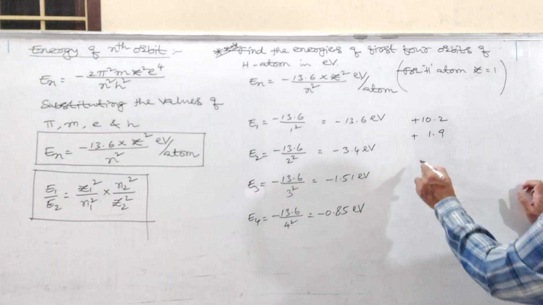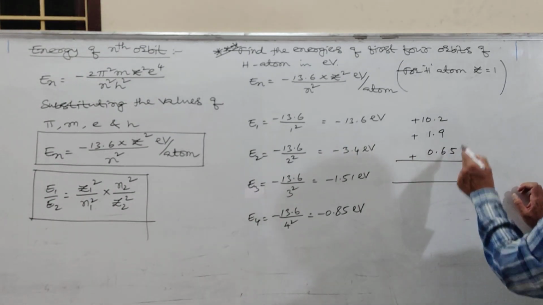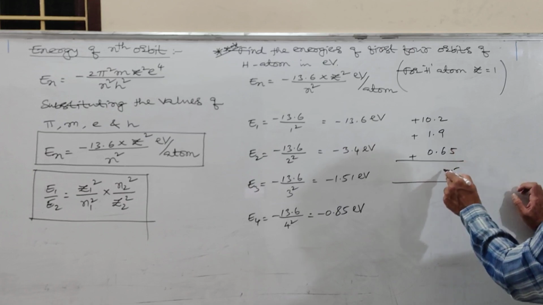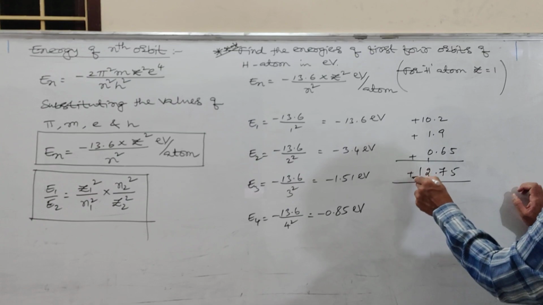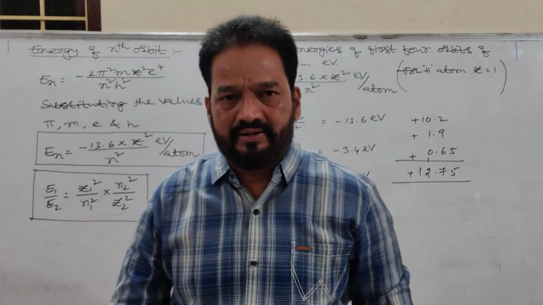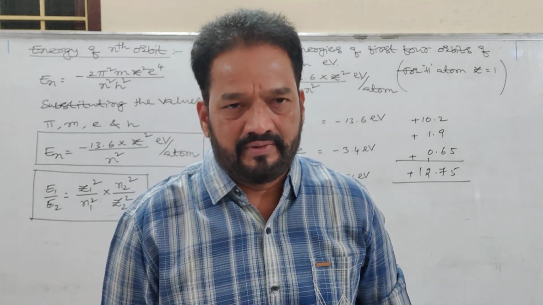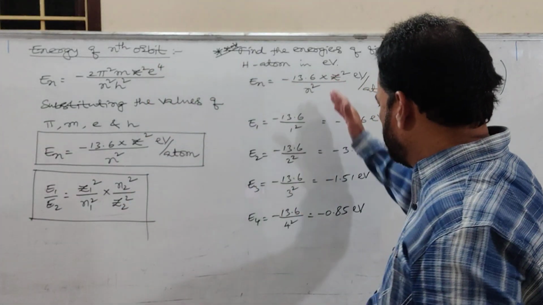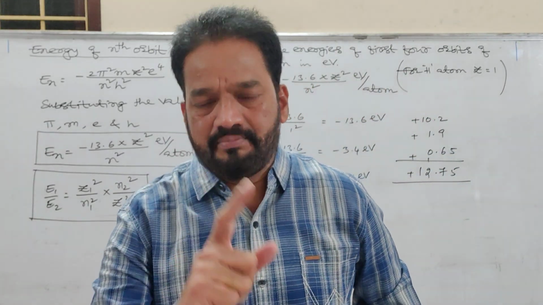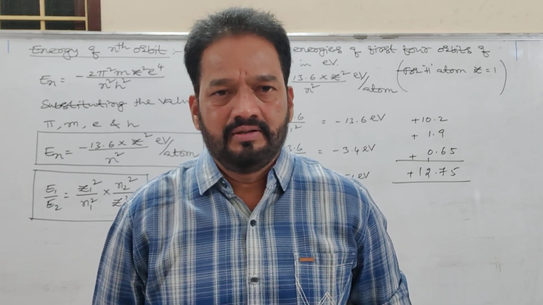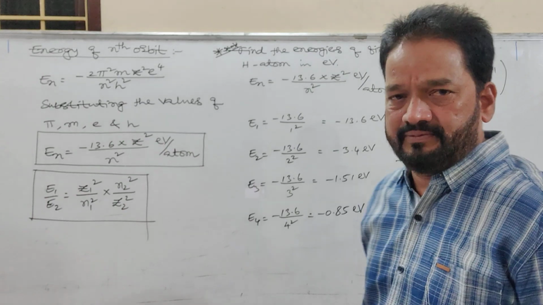And from here to here, 0.65. So the total energy you have given is 10.2 plus 1.9 plus 0.65, that is positive 12.75. Then the electron goes to the fourth orbit of hydrogen atom. So these values are useful in such a way.